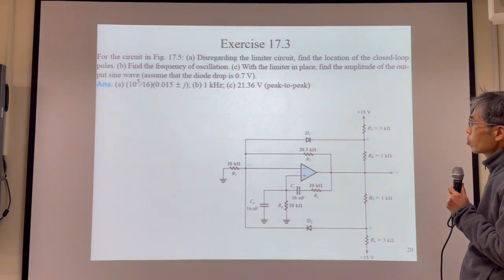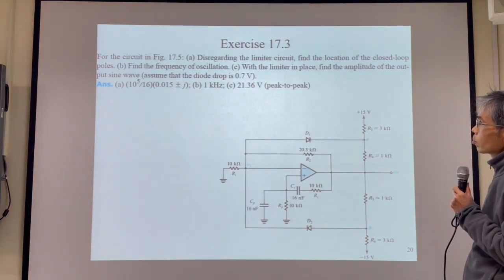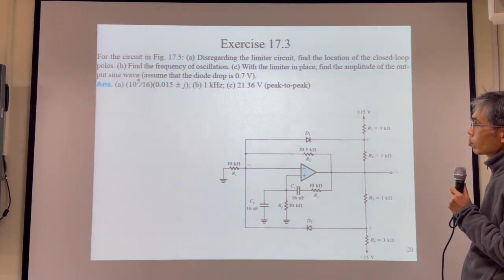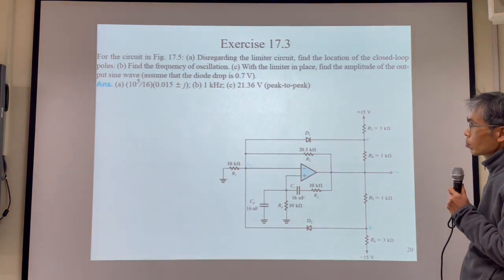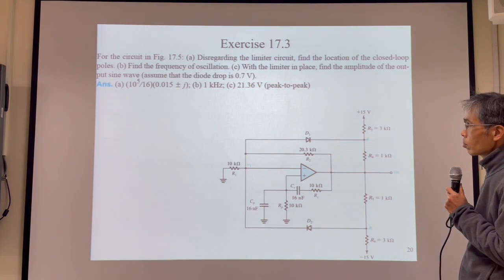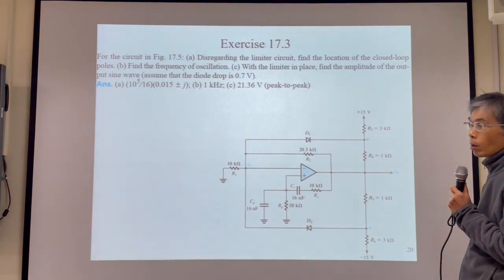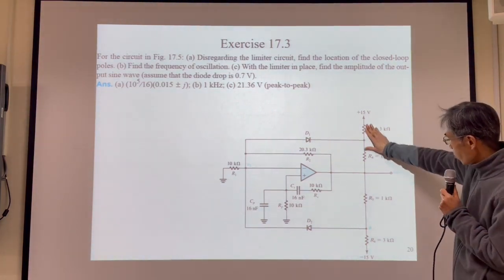C, with the limiter in place, find the amplitude of the output signal. Assume that the diodes drop 0.7 V. Okay, A. So this is the limiter.